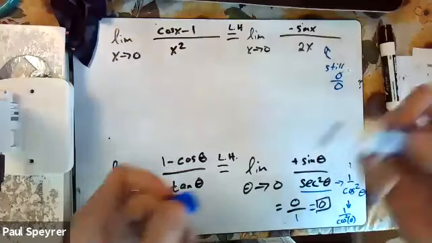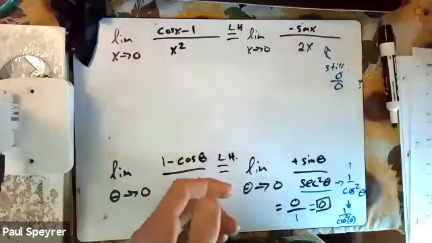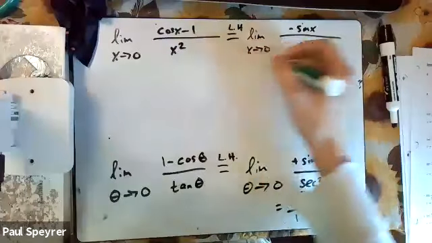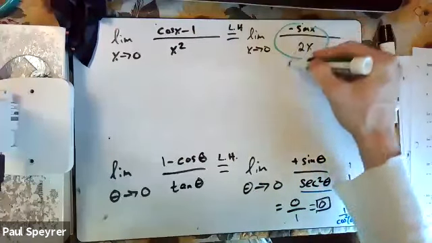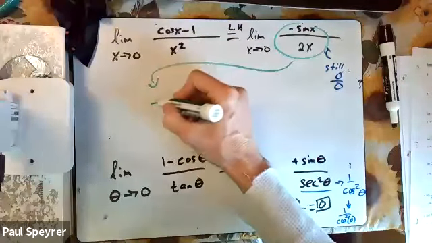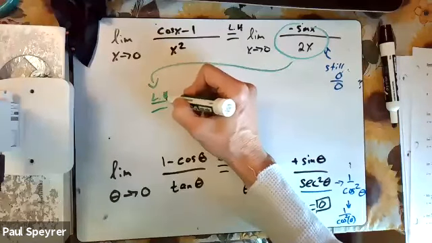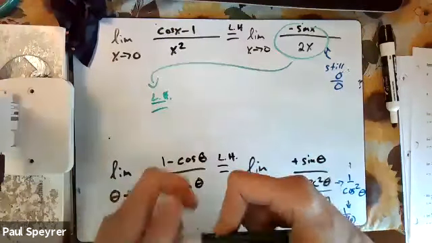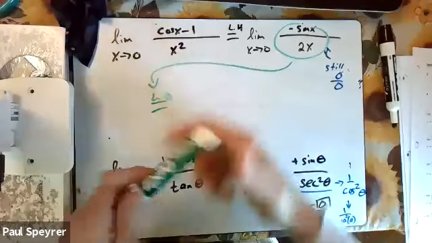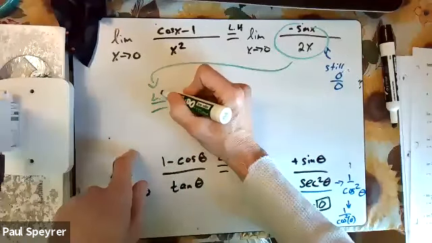It's in indeterminate form. So what do you do? You L'Hopital it again. Okay, so we're going to take all this, and we're just going to L'Hopital it another time. There's no limit to how many times you can L'Hopital an expression, okay?